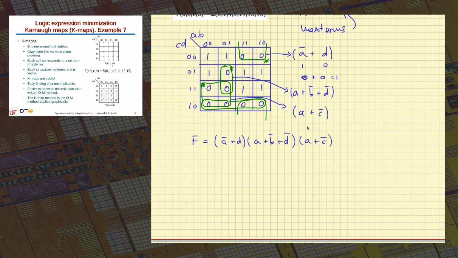In this case, we have no alternatives, okay, because there are three prime implicants. The three are essential, so we have to use the three of them, and we don't need any additional prime implicants. Okay, so this will be the minimal product of sums for the function. That's it. Thank you.